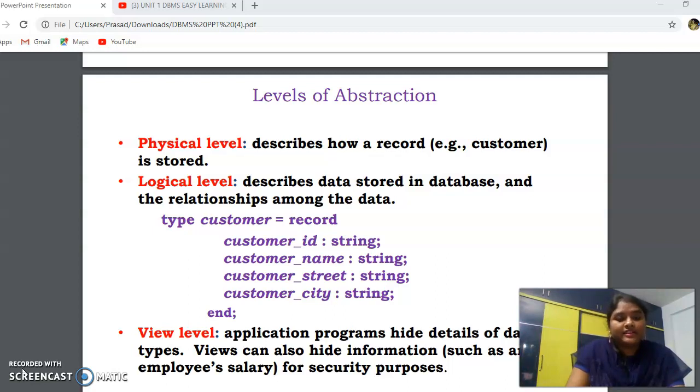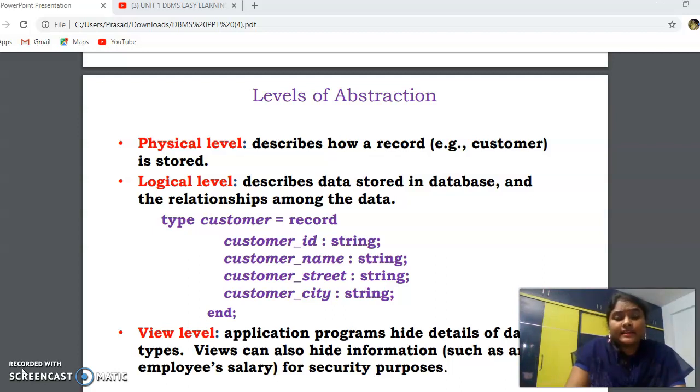Next is logical level. This is in the middle of those two levels. First one is physical and second one is logical level. So what is described here? Here it is described what data is stored in the database.